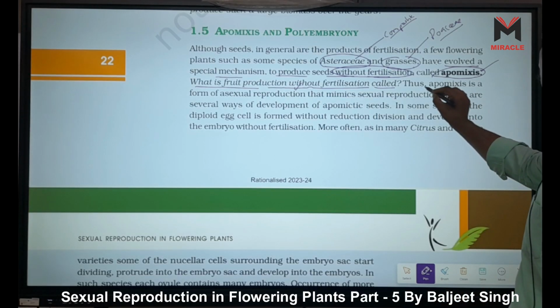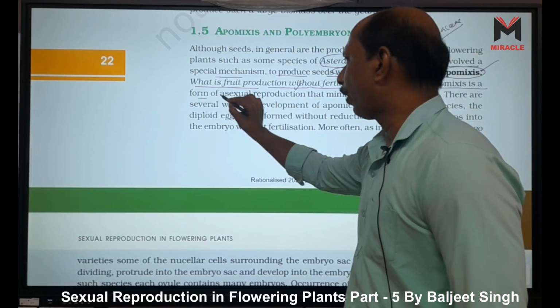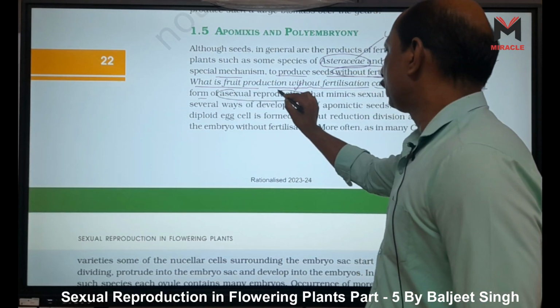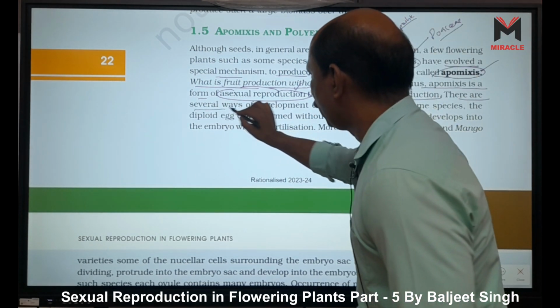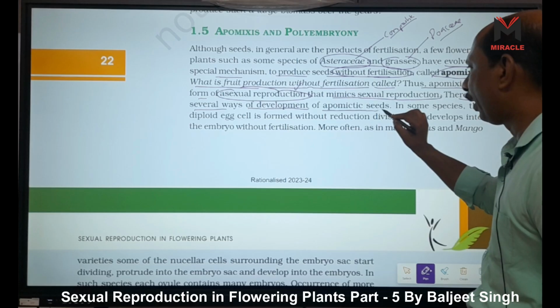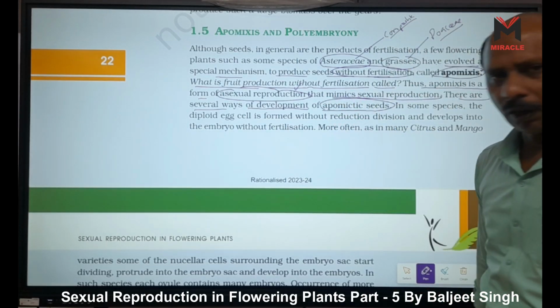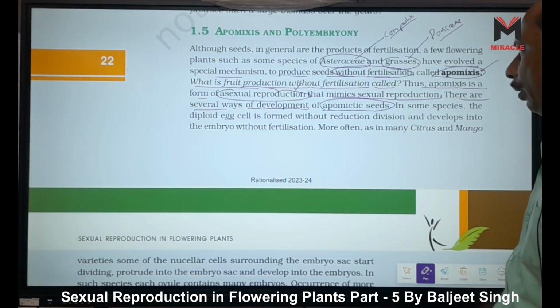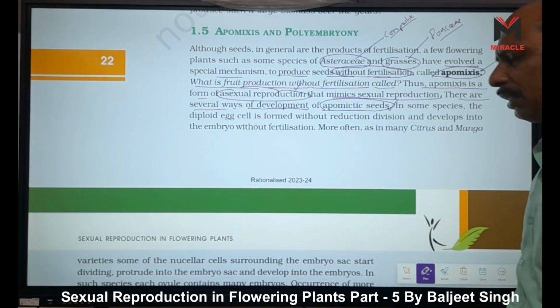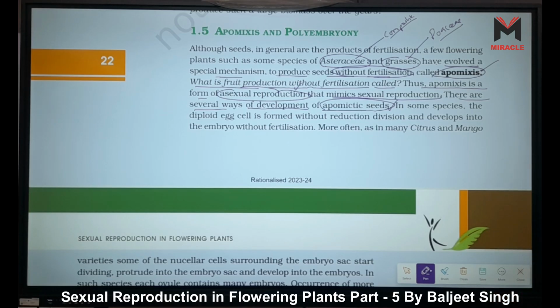Thus apomixis is a form of asexual reproduction that mimics sexual reproduction. There are several ways of development of an apomictic seed. I will tell you after this, the different ways. Apomictic means seeds develop without fertilization, right.